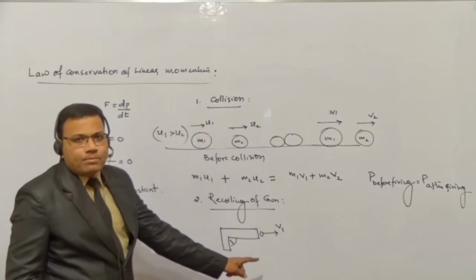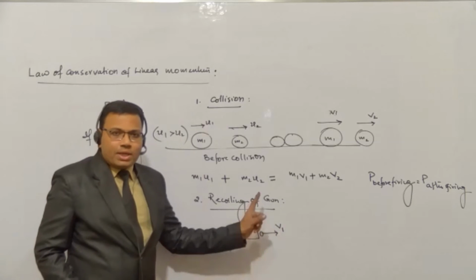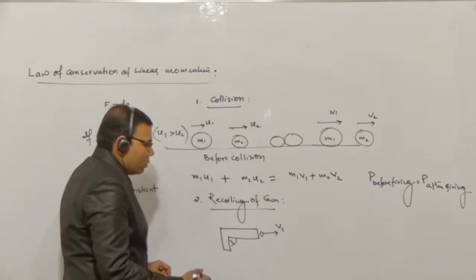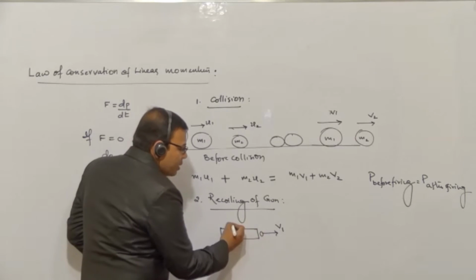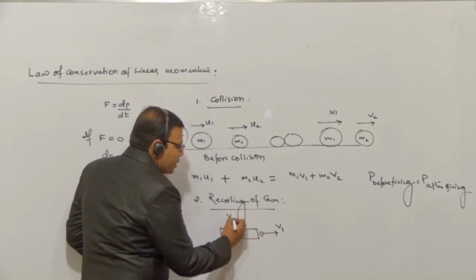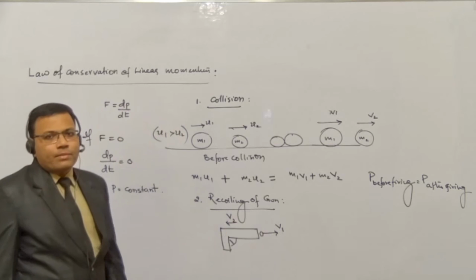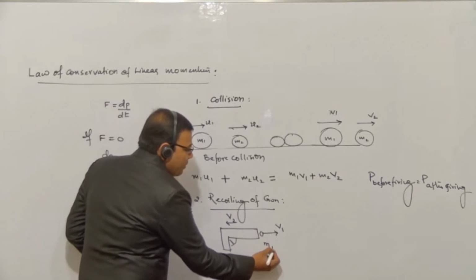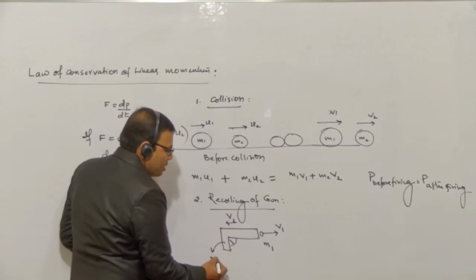After firing, ये फायरिंग के बाद कितनी वेलोसिटी है इसका? That is v1. Now this is the recoiling, I can say, with the velocity v2, that is after firing. Suppose this bullet has the mass m1 and the gun has the mass m2.